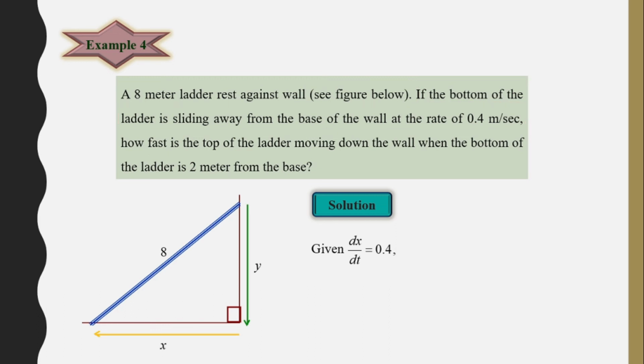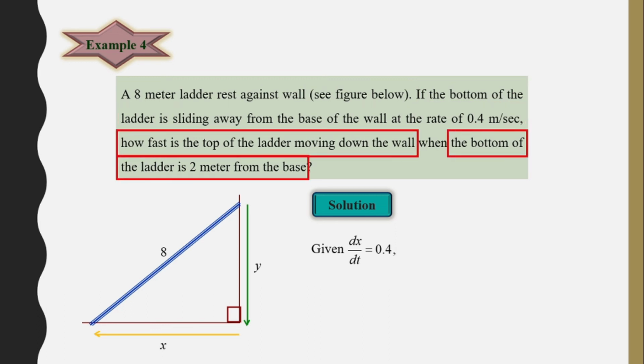Then, the question asks us to find how fast the top of the ladder is moving down the wall when the bottom of the ladder is 2 meters from the base. This distance is about y. This means we want to find dy/dt when x is equal to 2.